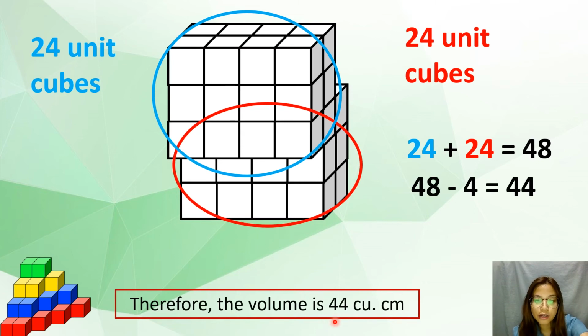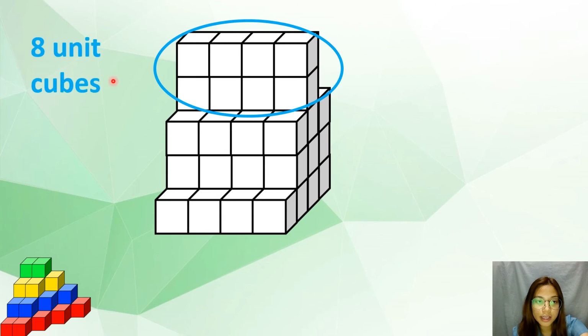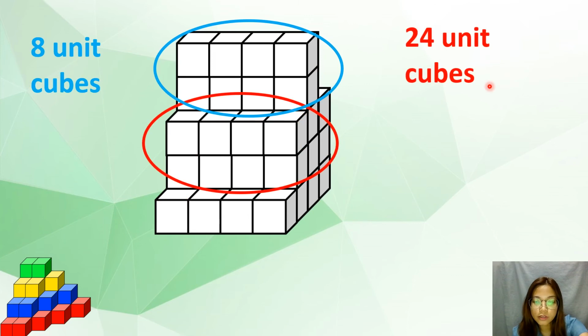So, that's how you get the volume of a certain figure using unit cubes. Next one. The first layer: 1, 2, 3, 4, so that's 4 times 1 times 2. That's 8 unit cubes. Then, the second layer, this part: 1, 2, 3, 4 times 1, 2, 3, that's 12 times 2, so 24 unit cubes.